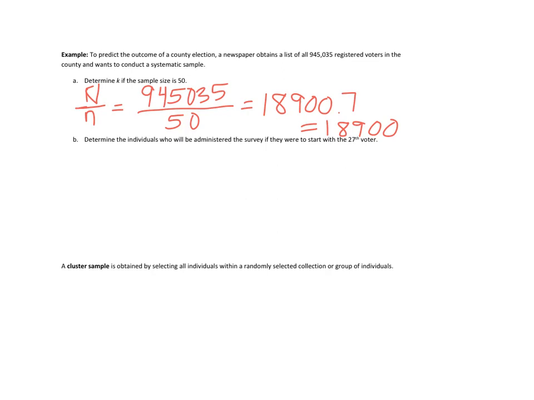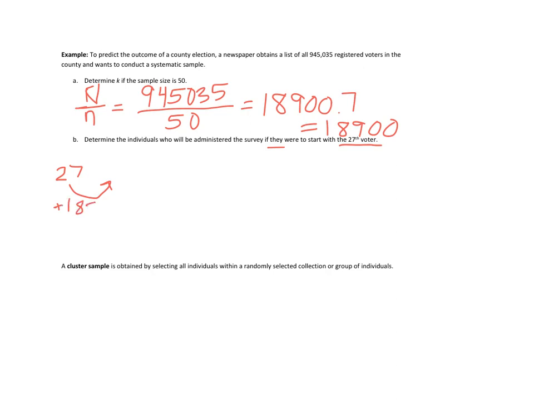So every 18,900th voter gets a survey. So we're going to determine the individuals who will be administered the survey if we randomly chose the 27th voter to start. Okay, so we're definitely starting with 27. And then we have to add our K that we found.